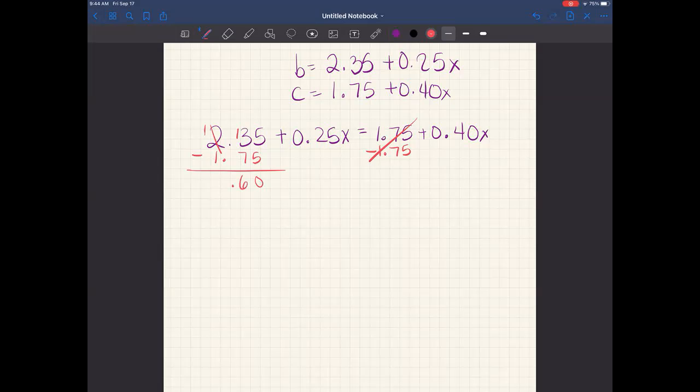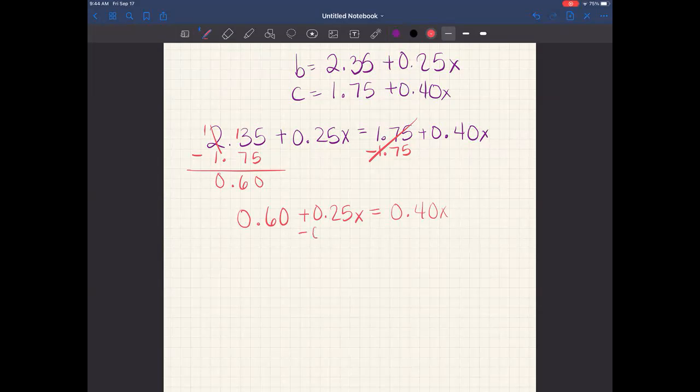I think Angie said it afterwards. 1 minus 1 is 0. So I go ahead, I write in my 0.60 plus 0.25x equals 0.40x, okay?